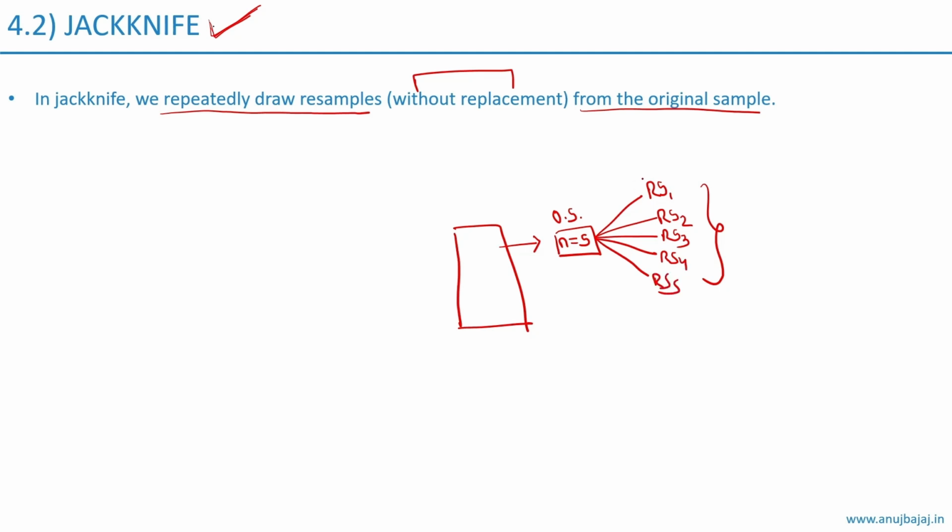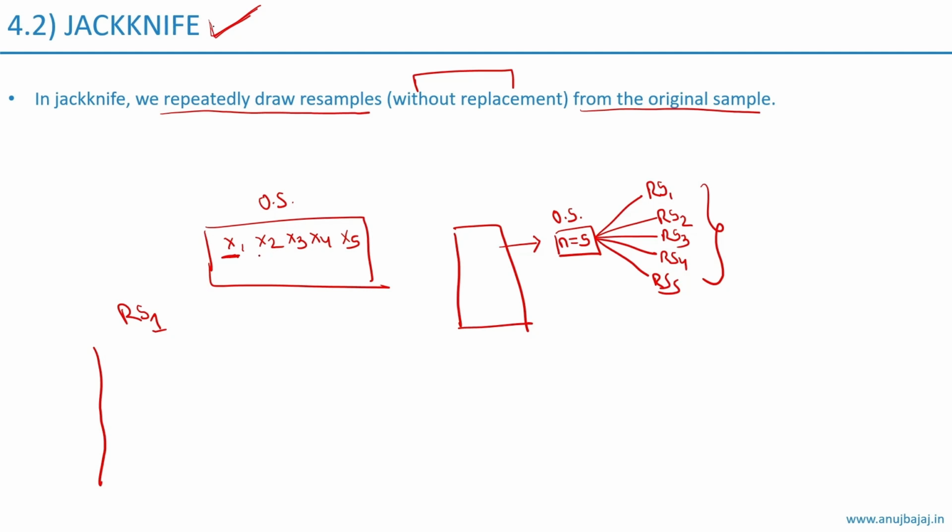Now let us see how we create each resample. Suppose this is the original sample that we have, with 5 observations. From this original sample, we create resample 1. We create this resample by leaving out one observation. Suppose we leave out the first observation this time.